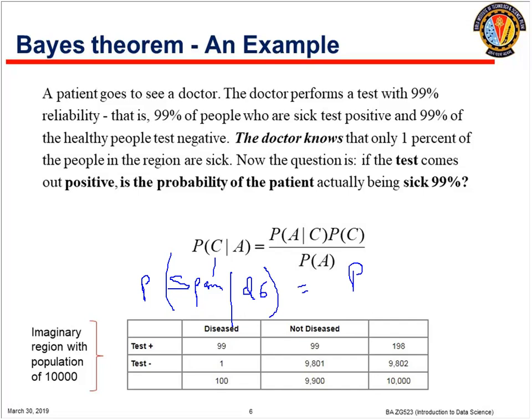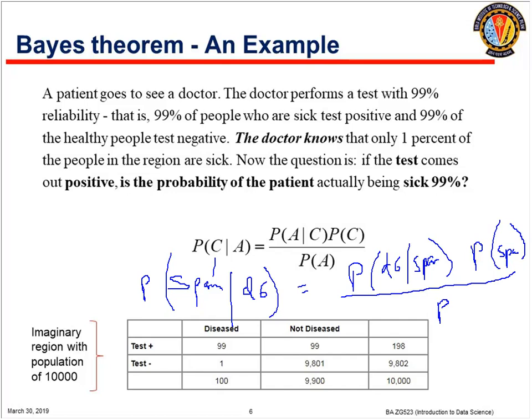The probability of D6 given spam, we have already calculated, right? Just multiplying the probability of each word, multiplied by the probability of spam, divided by the probability of D6 in turn.